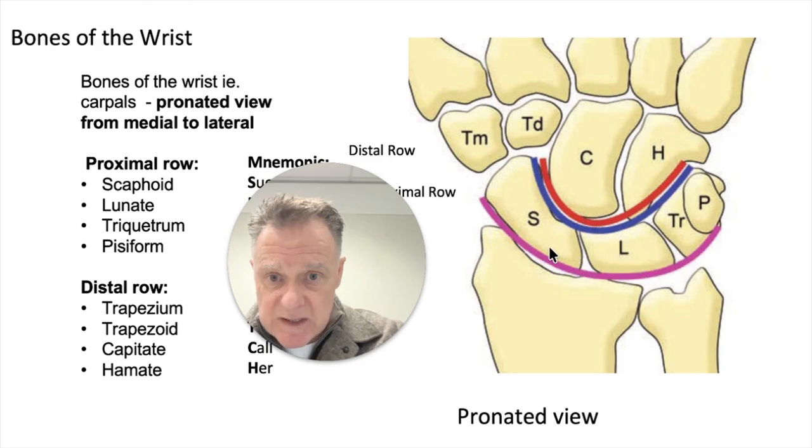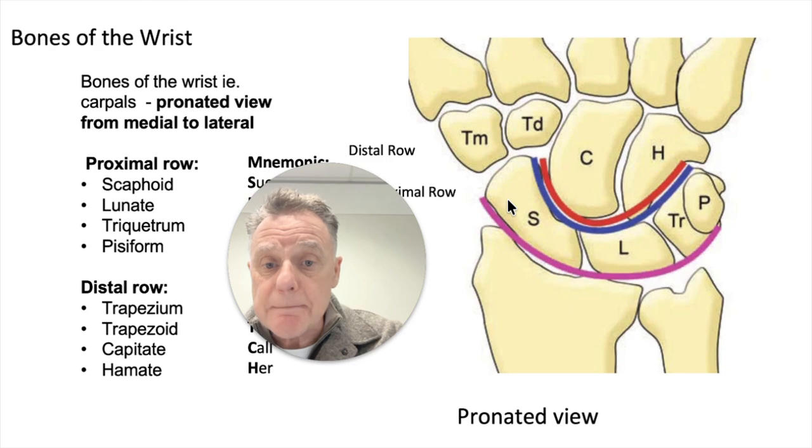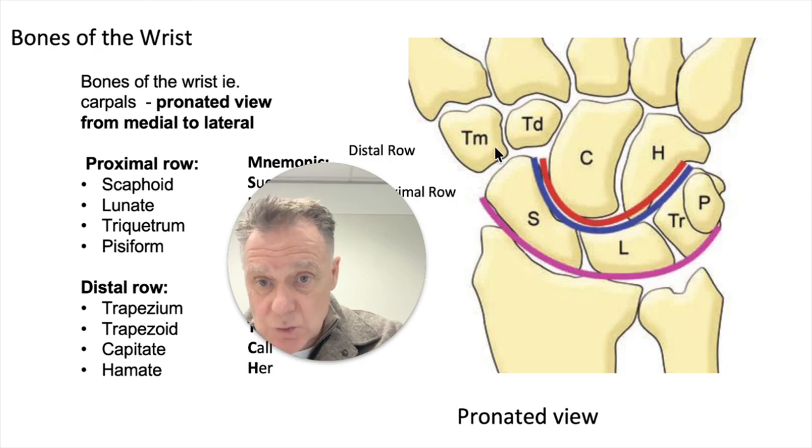If you do that, then the proximal row of the wrist is made up of these 4 bones: scaphoid, lunate, triquetrum and pisiform. In the distal row, trapezium, trapezoid, capitate and hamate.